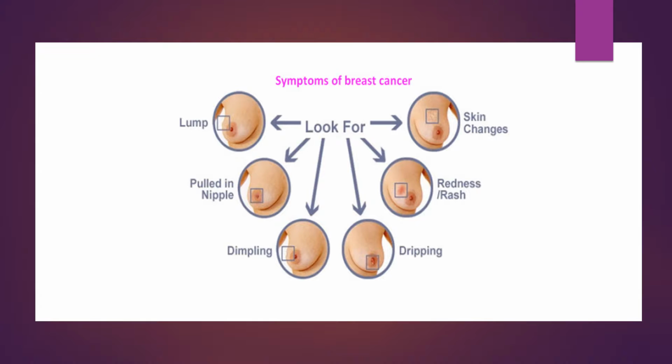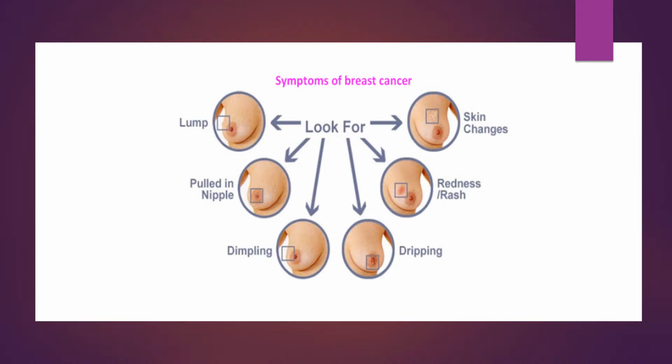Some of these symptoms for breast cancer are lumps, skin changes, pulled in nipples, or what doctors call inverted nipples. We can have redness or rash, dimpling, and dripping.